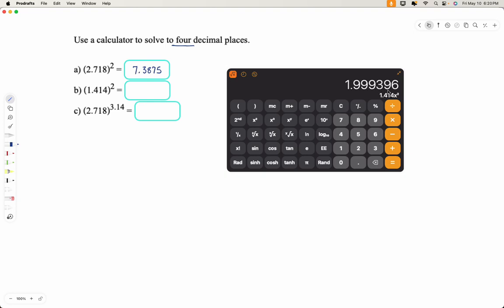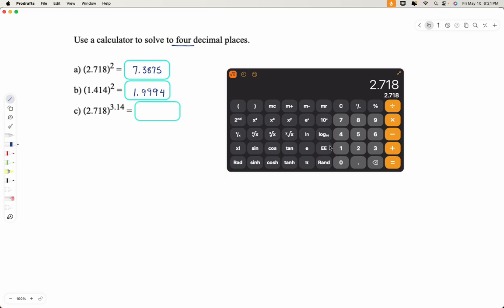This 9 is big enough to round this up. So we're going to put in 1.994. Because, oh, sorry, I missed the 9. Should be 3 9s. And then a 4, because this 9 will round this 3 up to a 4. So now, we're going to do this to a decimal exponent.